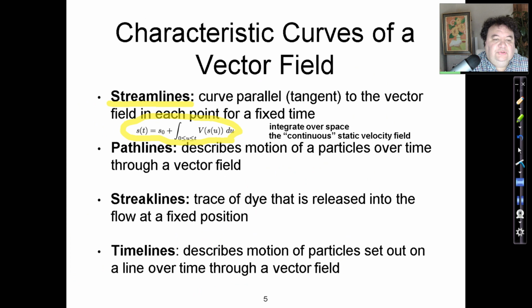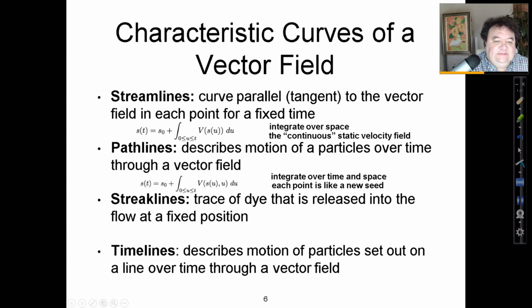And so you have a curve that in every location is tangent to the vector at that point, representing the vector field. And so here we can think of static velocity in the sense that we're thinking of a fixed vector field over time, so not including time variation.